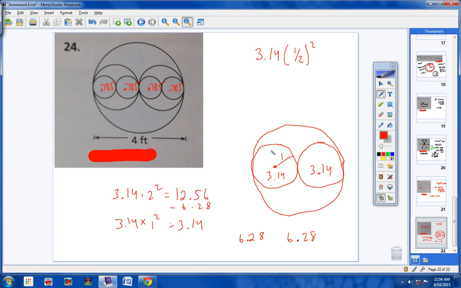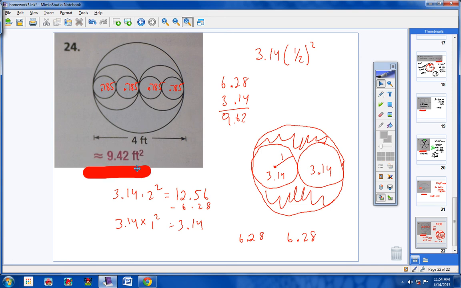So this area here plus this area here is 6.28, then plus 0.785 times 4, there's 4 of those, which gives me 3.14. So add those together and we get 9.62.